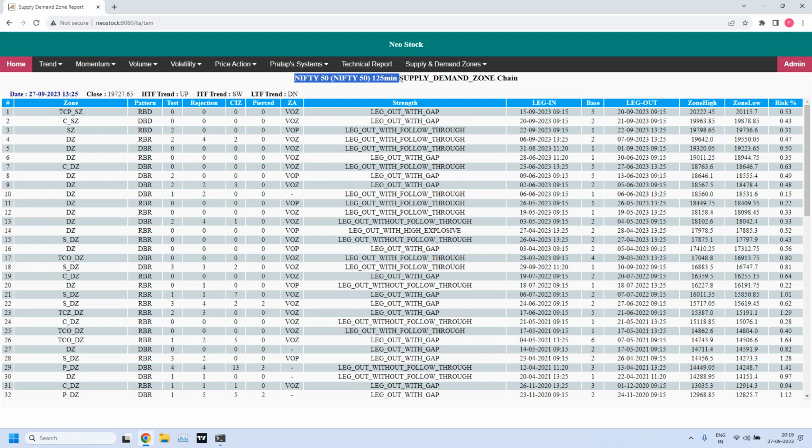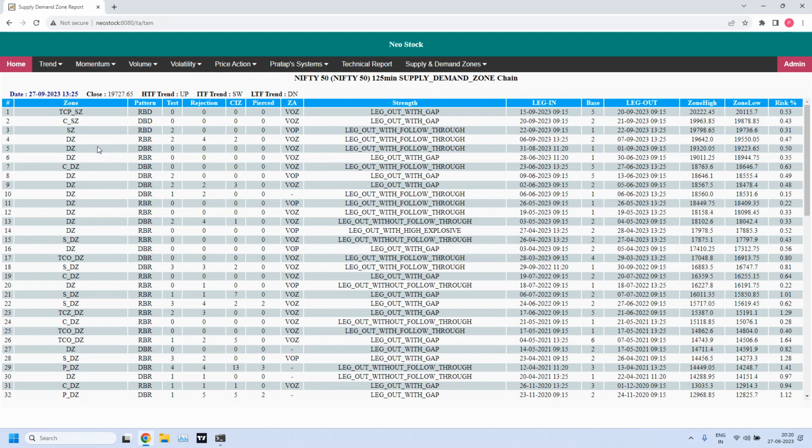So we have the 125 minutes supply demand zone chain. What is the trend for 125 minutes? It is downtrend. See here, our weekly trend is uptrend, daily trend is sideways, and now the 125 minutes trend has changed to downtrend.